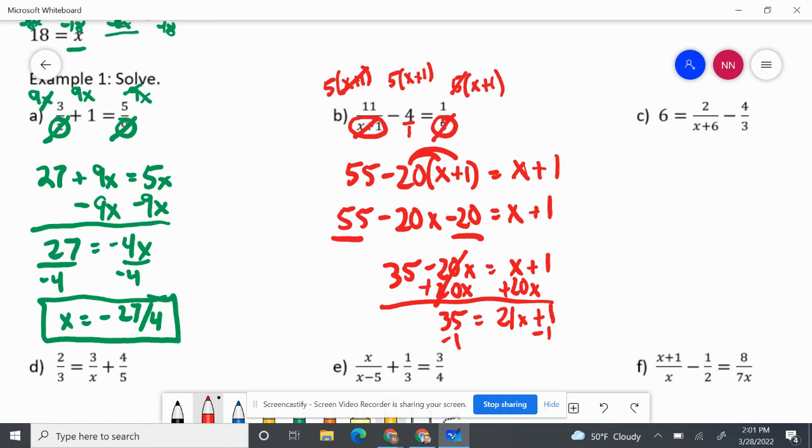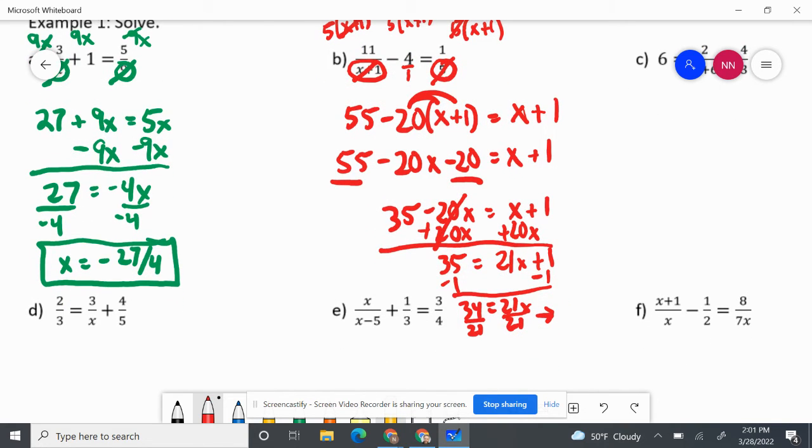I'm going to subtract the 1, and I get 34 equals 21x. And then when I divide it by 21, what I end up with is x equals 34 over 21.